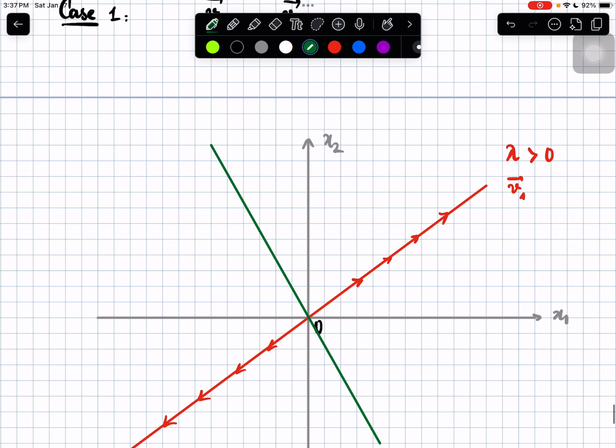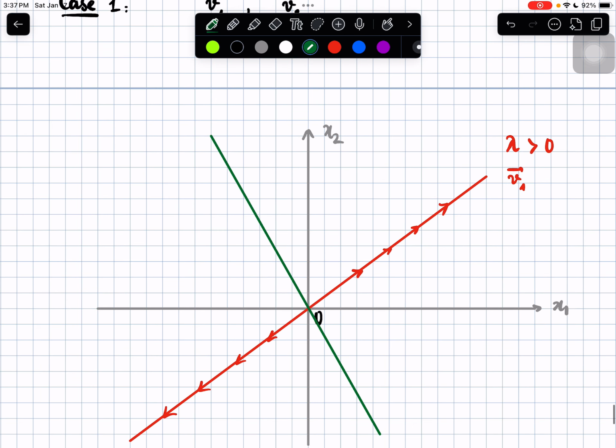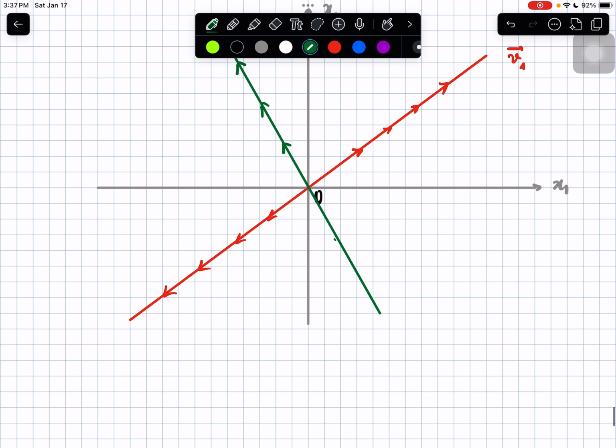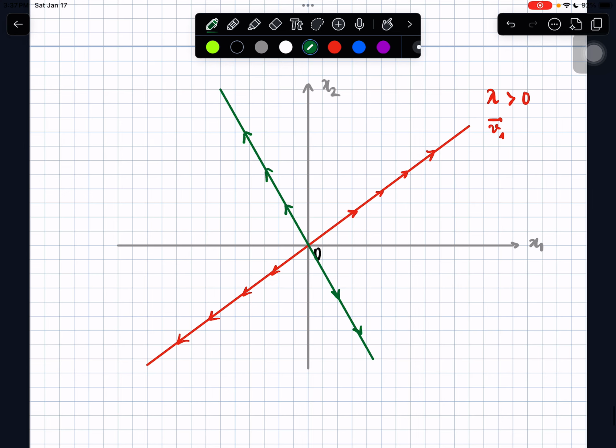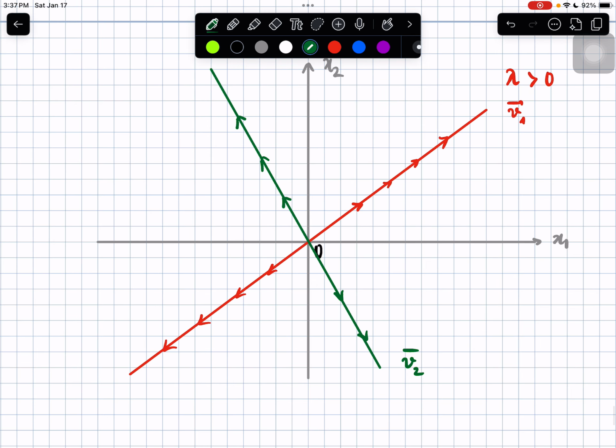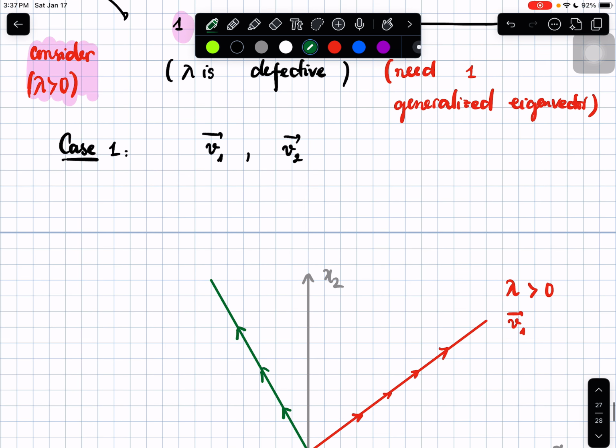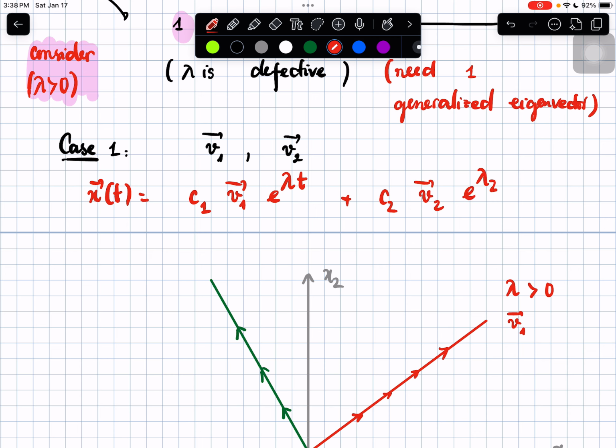V2 also goes outward because it corresponds to the same positive lambda. So the solution x(t) is c1 v1 e^(lambda 1 t) plus c2 v2 e^(lambda 2 t), where lambda 2 equals lambda.